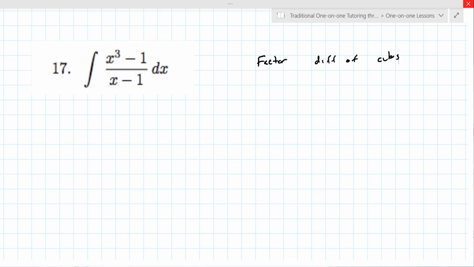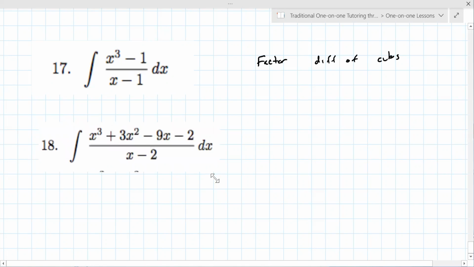Okay. We're going to look at 18 because I think 18 is slightly more reasonable because it's similar to one we were doing with the separation of variables. So the numerator is a factor by grouping.